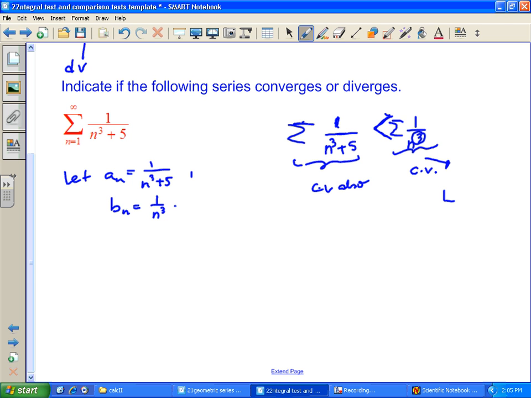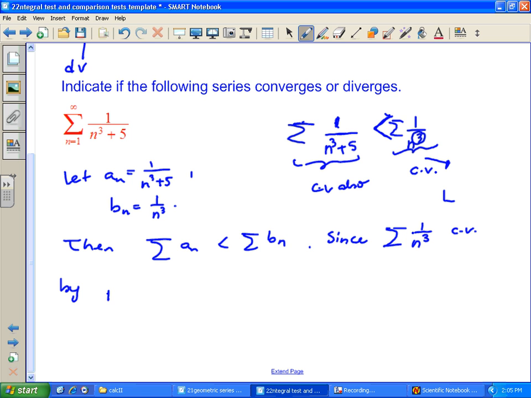Then we know that summation A sub n is less than summation b sub n, since summation 1 over n cubed converges by p-series test, then so does 1 over n cubed plus 5 by comparison.